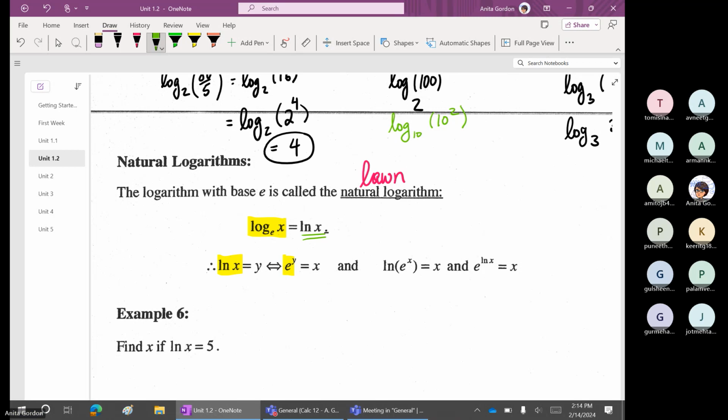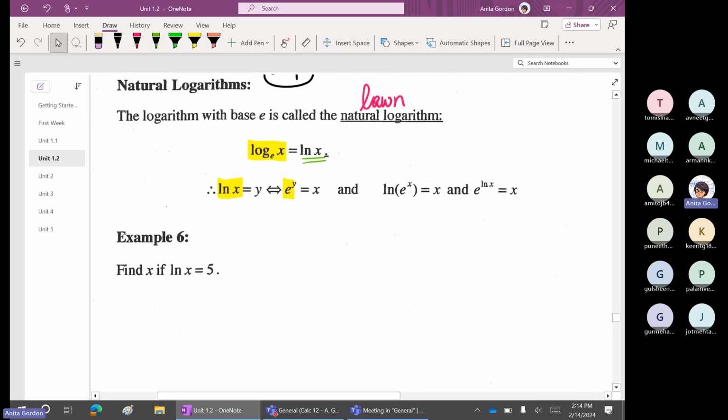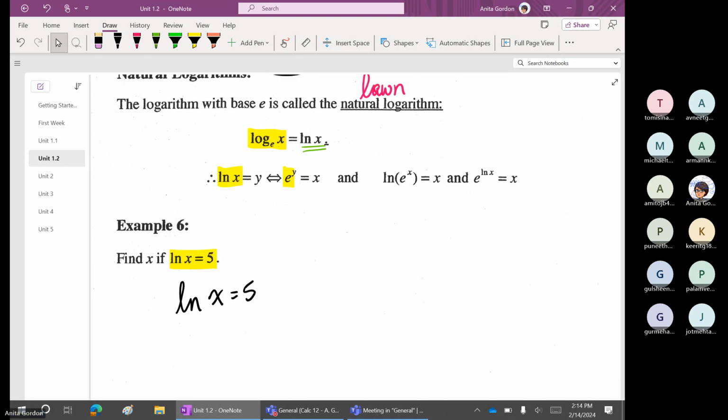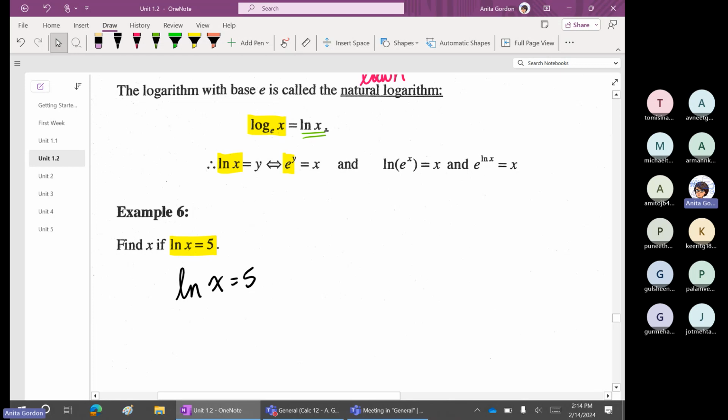Okay, let's do this example. If ln of x is 5, what is x? So ln of x equals 5. How can I rewrite it? e to the power of 5.